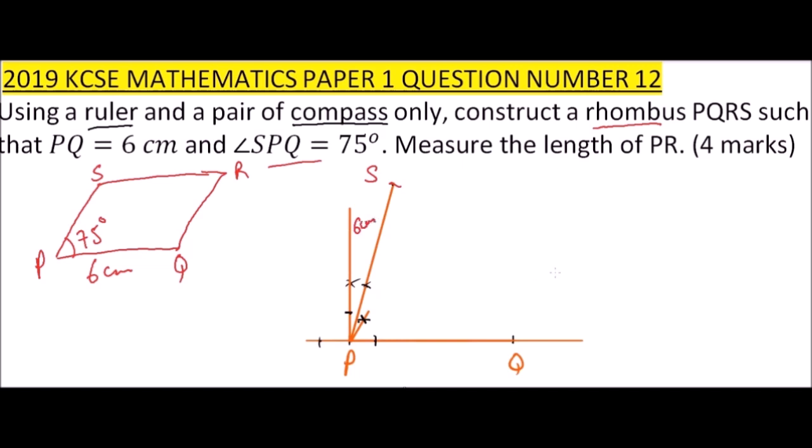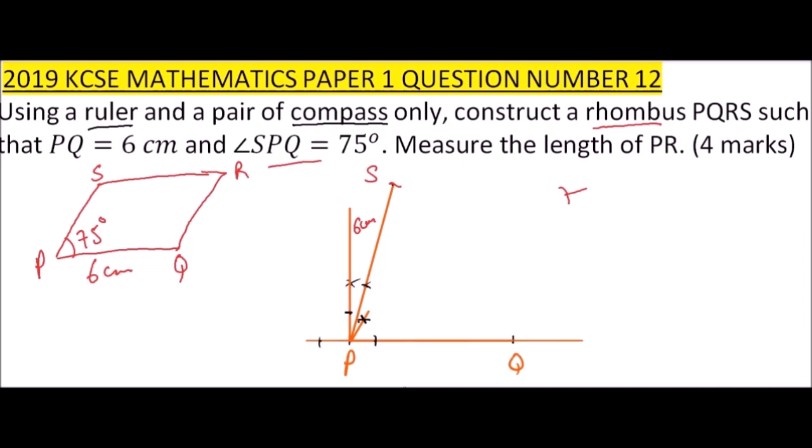So the point that is remaining is point R, and since it's a rhombus, I'll use the length 6 centimeter, and I'll mark a point here using point S with my compass, and from Q I'll mark 6 centimeter. Where the two arcs cross each other, that is the position of R, and when I join them, then I should come up with the rhombus.